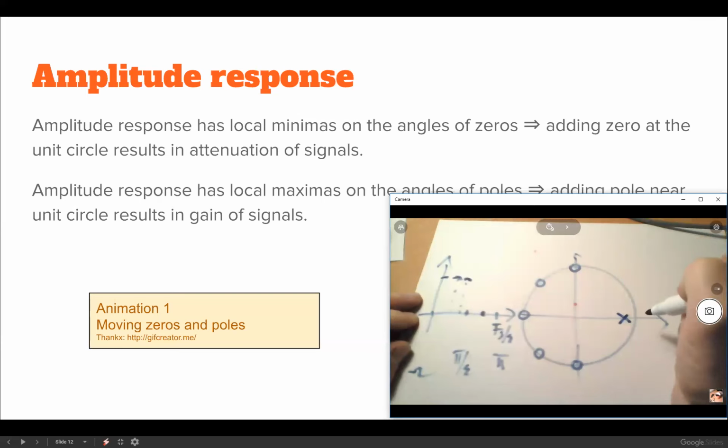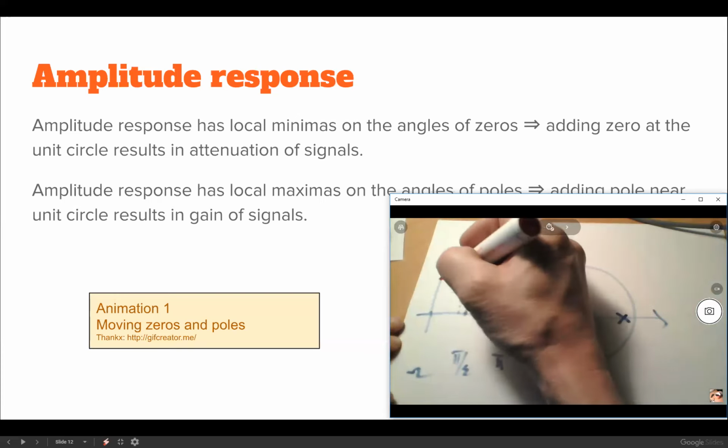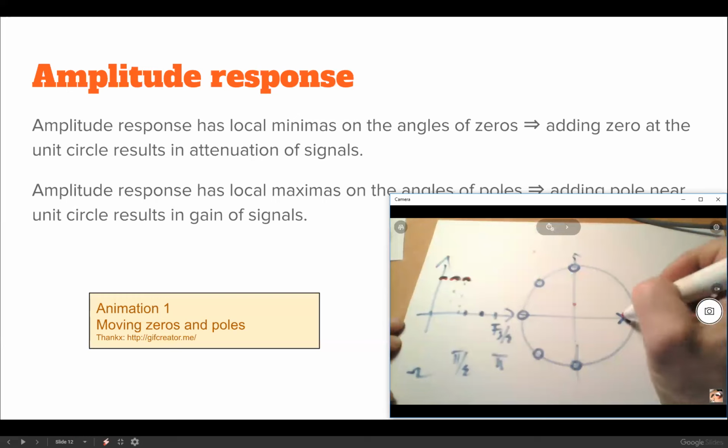You would add these poles, so maxima, to adjust this so that it will be a unity or a flat passband response.